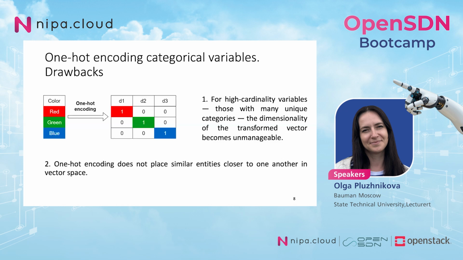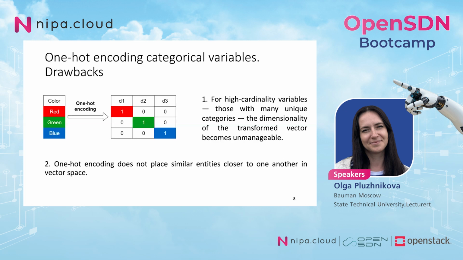First, for high cardinality variables, those who have many unique categories, the dimensionality of the transformed vector becomes unmanageable. The mapping is completely uninformed. Similar categories are not placed closer to each other in embedding space.